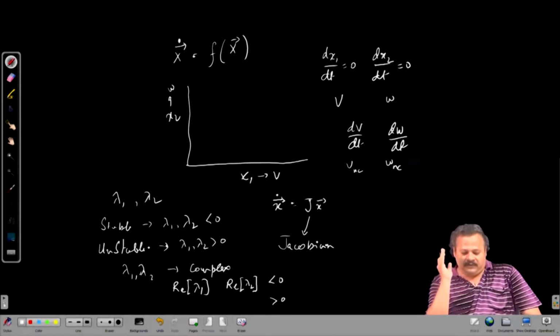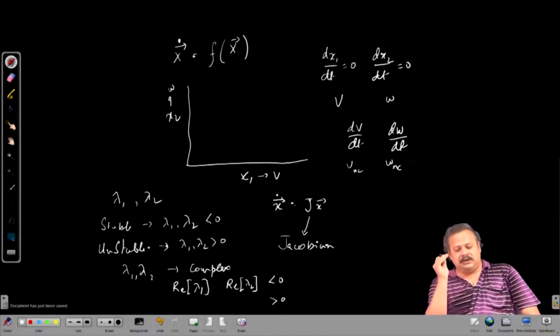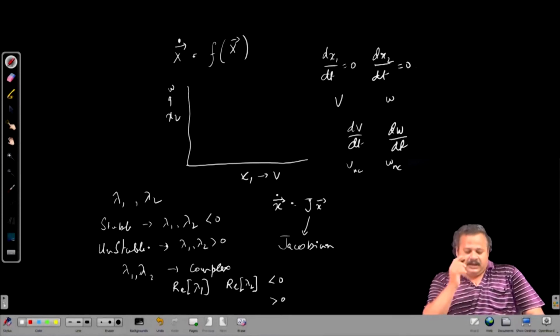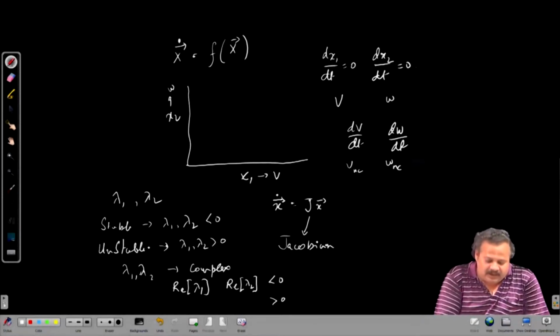So we are left with one more case, which is maybe the most interesting, and it is also the basis of understanding threshold behavior in neurons. The last case is when lambda 1 and lambda 2 are real and of opposite signs.